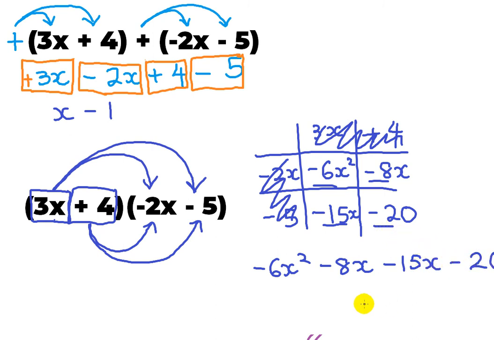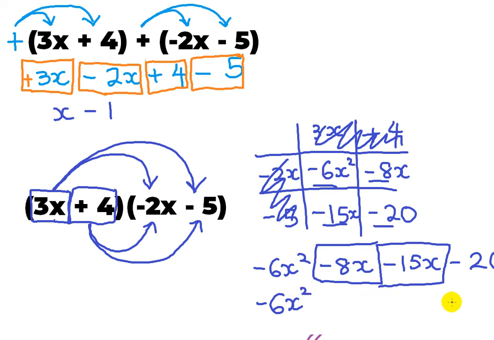So I'm going to identify like terms. Do I have an x squared family anywhere here? No. Do I have an x family anywhere here? Yes, so these two definitely need to communicate. Do I have a constant term, a number? No, so for these we just copy and paste whatever we have there: negative 20.